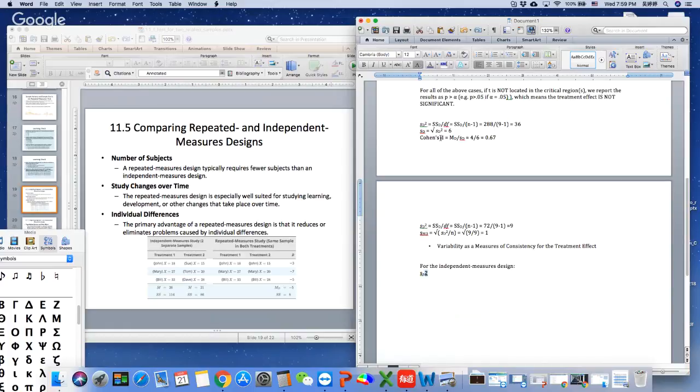Sp squared equals SS1 plus SS2 divided by df1 plus df2, which is 114 plus 86 divided by 26 minus 1 and then 21 minus 1, which equals 200 divided by 45, right?